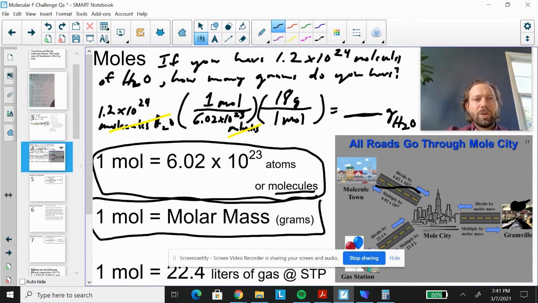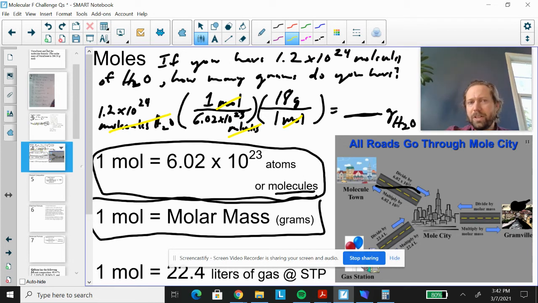So we can cross out moles and now we know that we have grams. So we take 1.2 times 10 to the 24th divided by 6.02 times 10 to the 23rd. I made this relatively easy for me because it's a little bit hard for me to use the computer calculator with exponents. So this is actually twice as much.